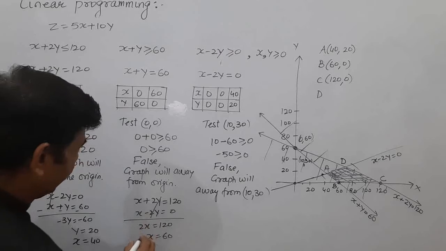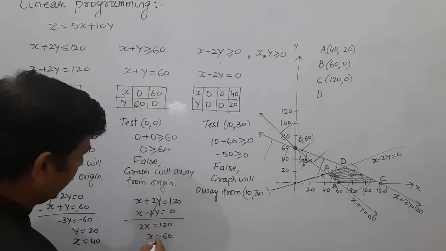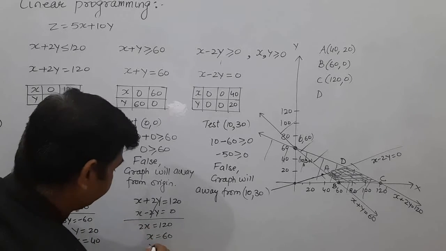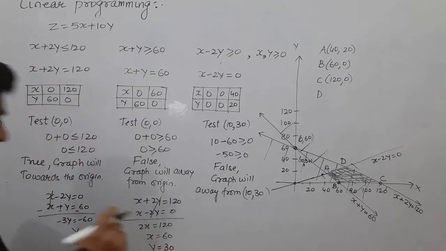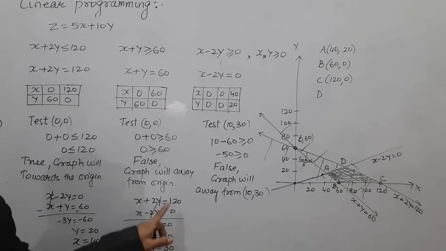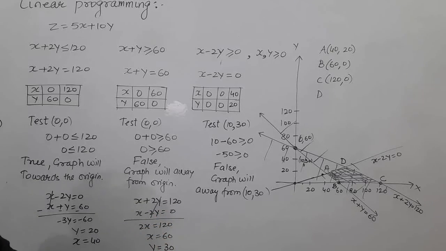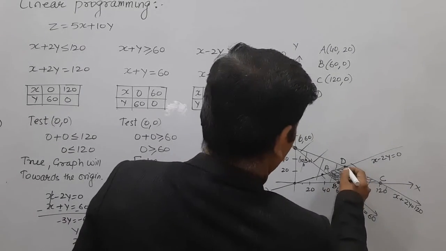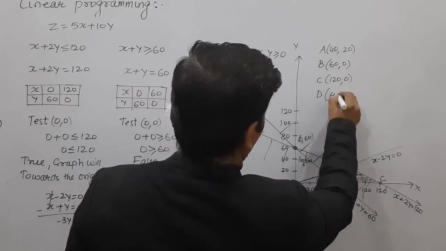And whenever x is 60, this implies how much? By putting the value of x is equal to 60, y will be your 30. जैसे x यहाँ रखते हैं 60, इधर जाके माइनस 60 होगा और माइनस 2y is equal to minus 60, y will be 30. So the point is 60, 30. So D point is 60, 30.